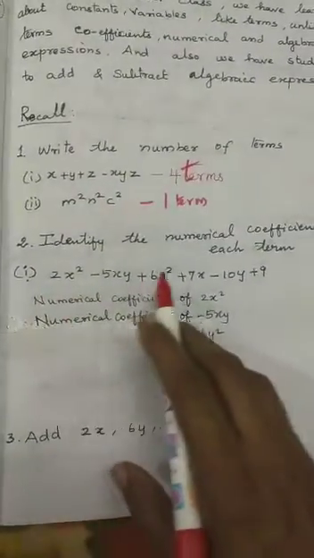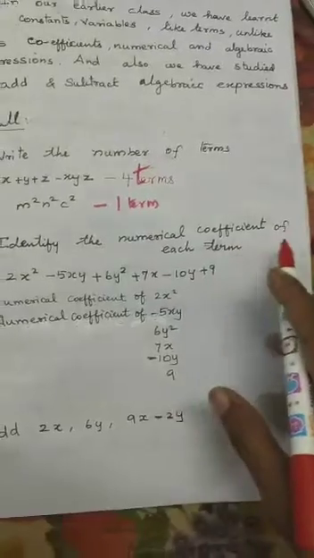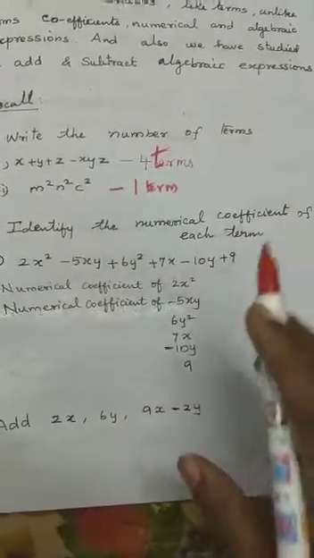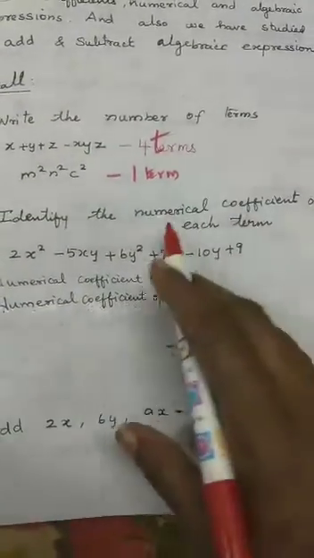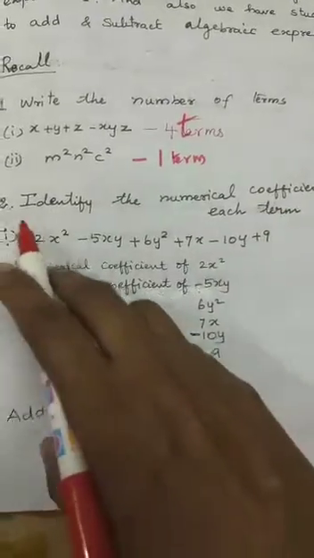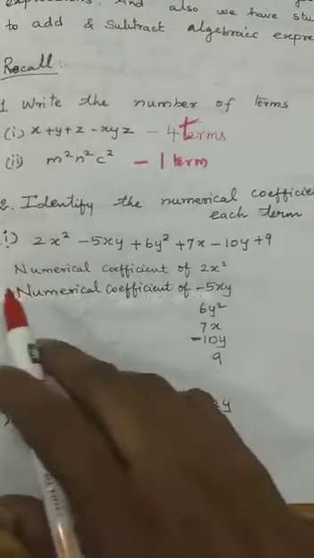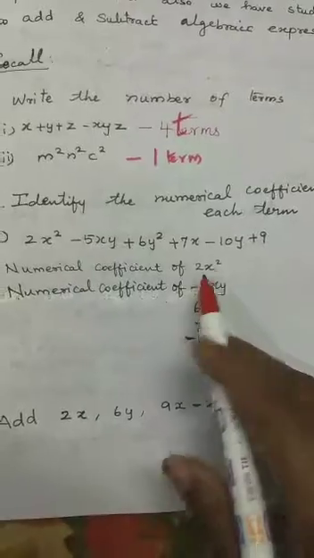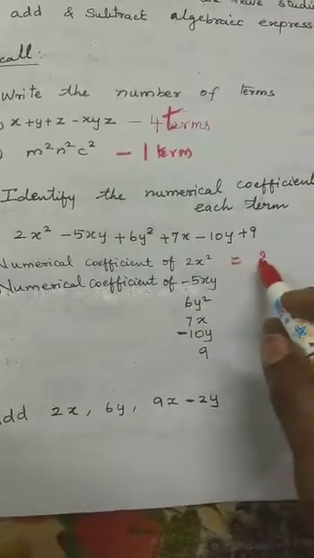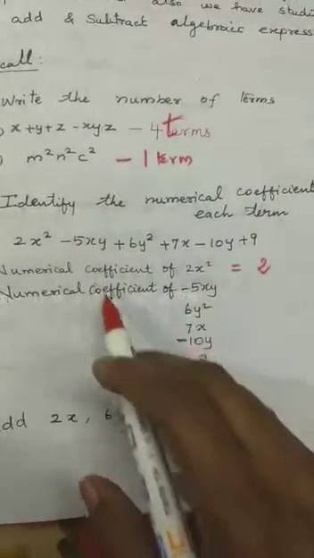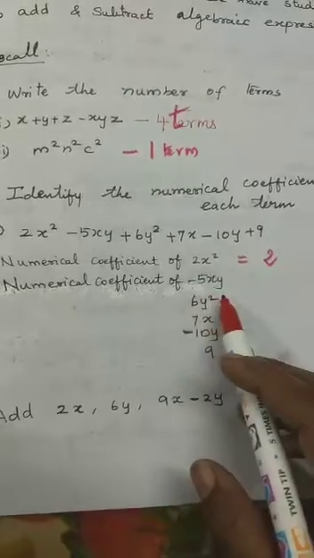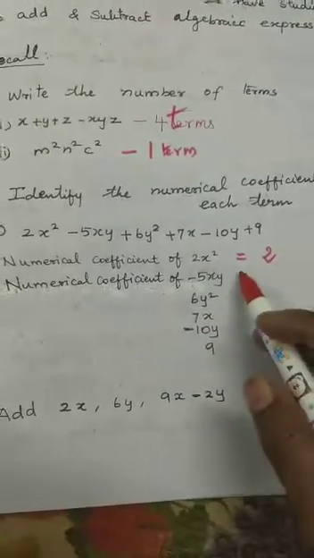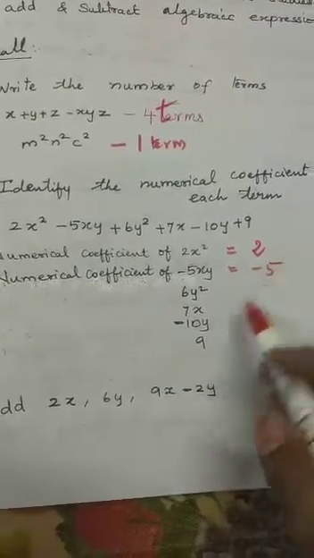Identify the numerical coefficient of each term. Numerical coefficient means we have to say the number. The numerical coefficient of 2x square is 2. The numerical coefficient of minus 5xy is minus 5.